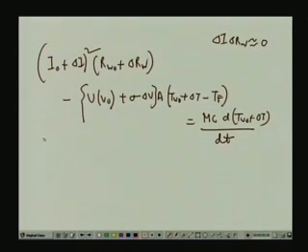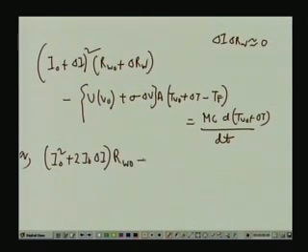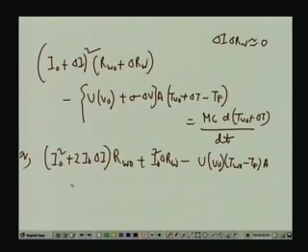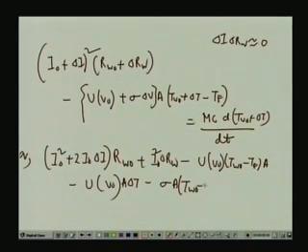So I will get I naught square plus 2 I naught delta I into RW naught, plus I naught square delta RW, minus U V naught into TW naught minus TF into A, minus U V naught A delta T, minus sigma A into TW minus TF delta V, equal to M C delta T, sorry, this will be delta T.